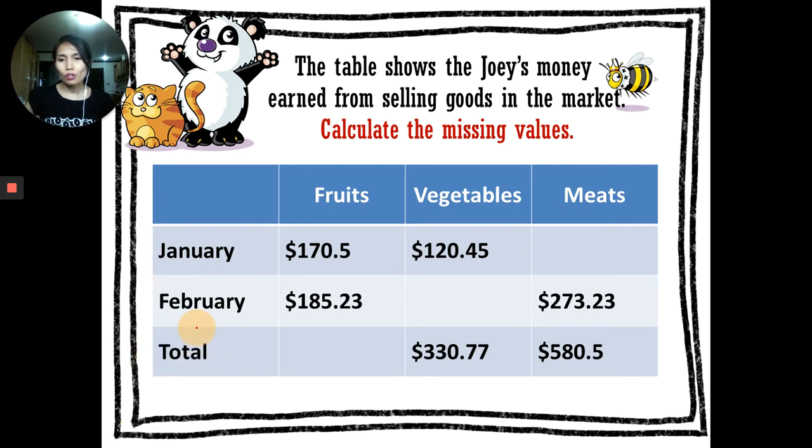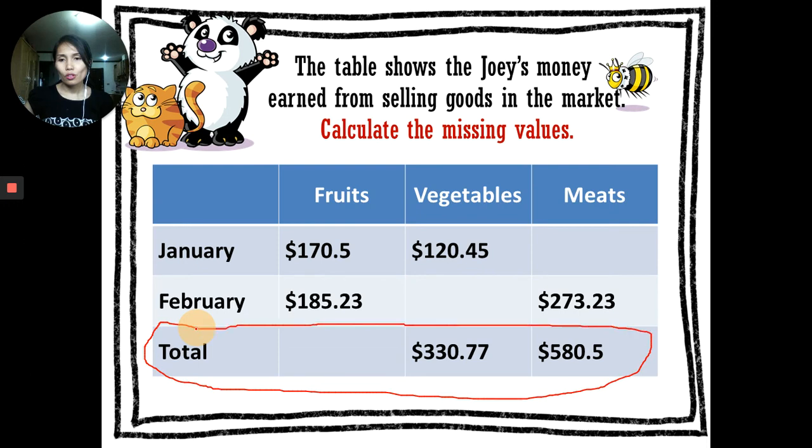This total here, the greatest number. So when we are looking for a great number, that means we are looking for a bigger number. We will add. What are we going to add to find the answer on this part? We will add them. Of course, that's the total.